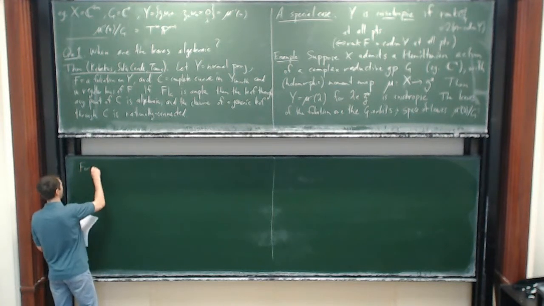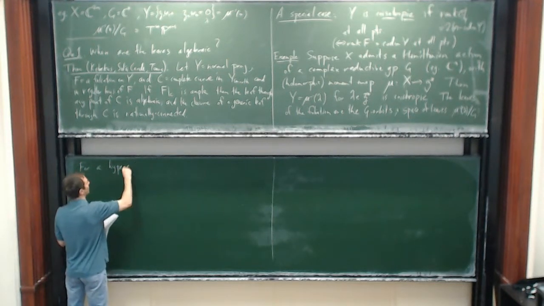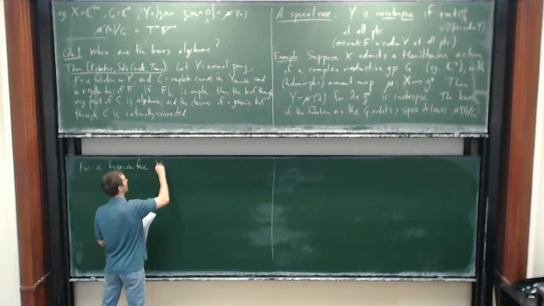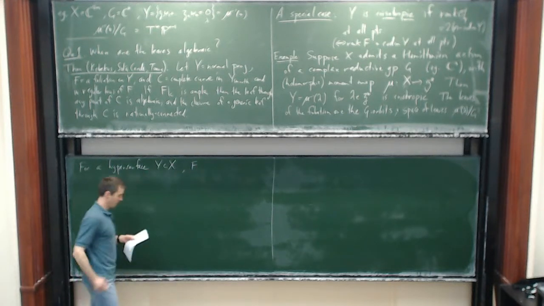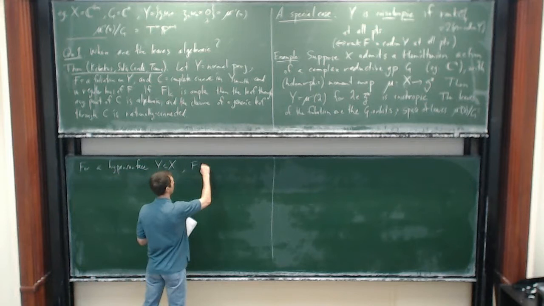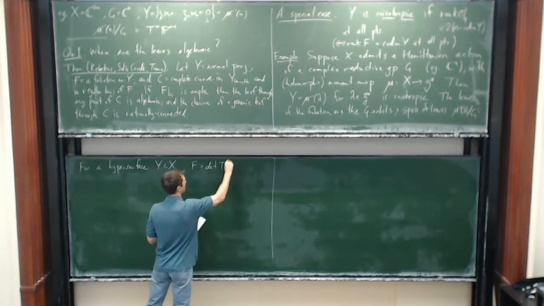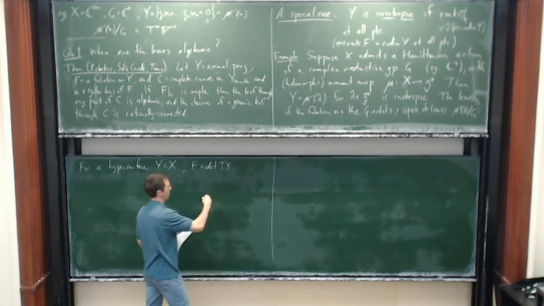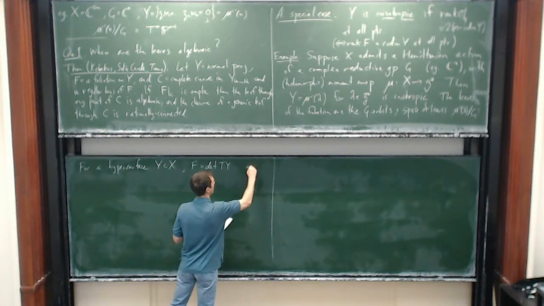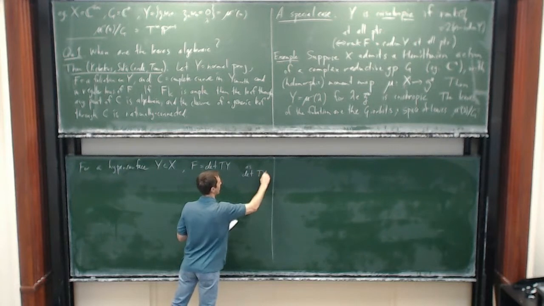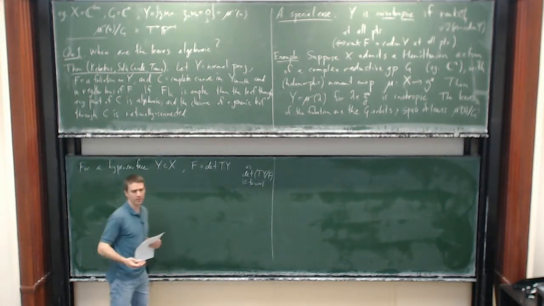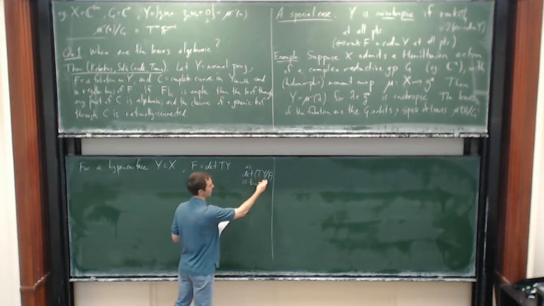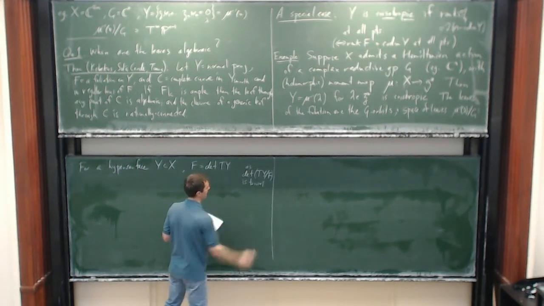Firstly, for a hypersurface, the foliation here is the same as the determinant of TY, because if you look at the quotient of TY by F, at least over the smooth part, this is going to be trivial, because the holomorphic 2-form descends to something non-degenerate here again. So the top power of this will be trivial.